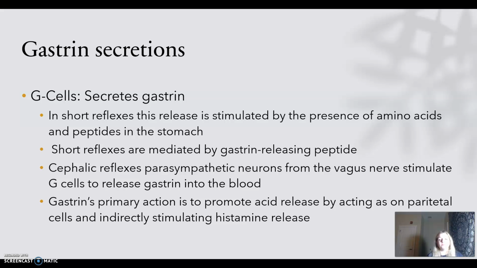In cephalic reflexes, parasympathetic neurons from the vagus nerve stimulate G cells to release gastrin into the blood. Gastrin's primary action is to promote acid release by acting on parietal cells and indirectly stimulating histamine release.